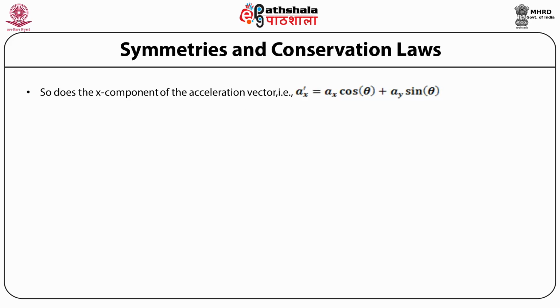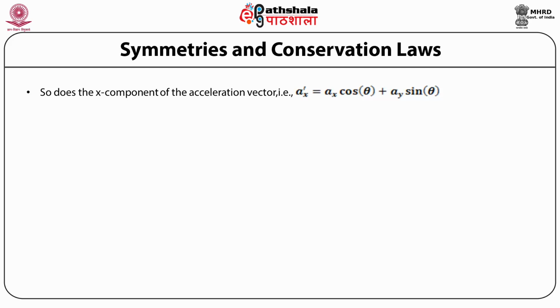So, when the force undergoes this kind of a transformation because of rotation about the z-axis through an angle theta, we also see that correspondingly the acceleration vector undergoes a similar transformation.